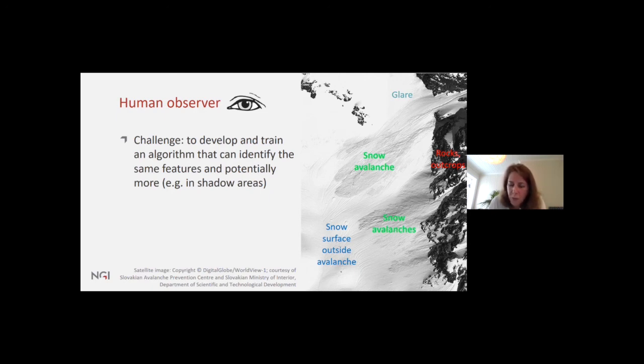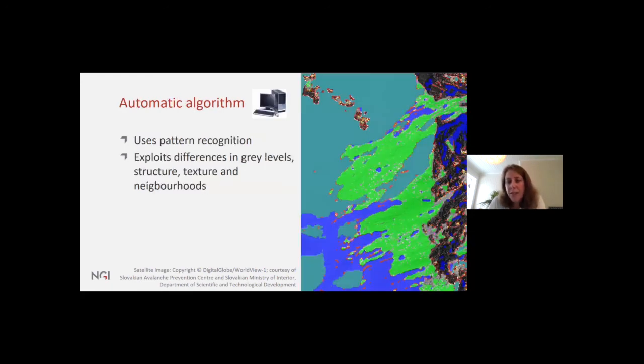We have spent quite some time and put considerable work into developing such algorithms, and this is the first example where you see how the algorithm works. In green, it was able to detect the avalanche snow, and it was also able to differentiate the rock outcrops, the areas with glare, and the undisturbed snow surfaces.